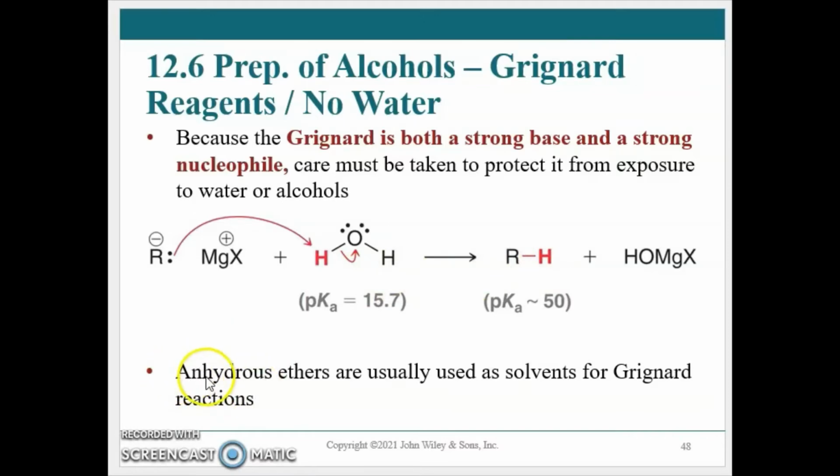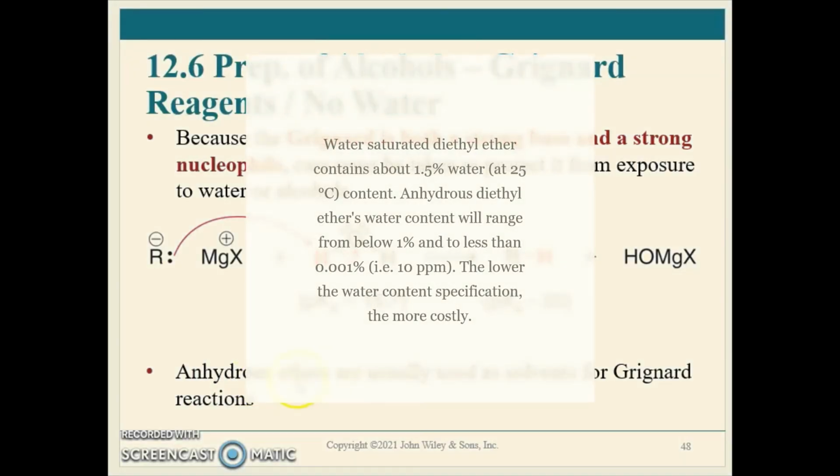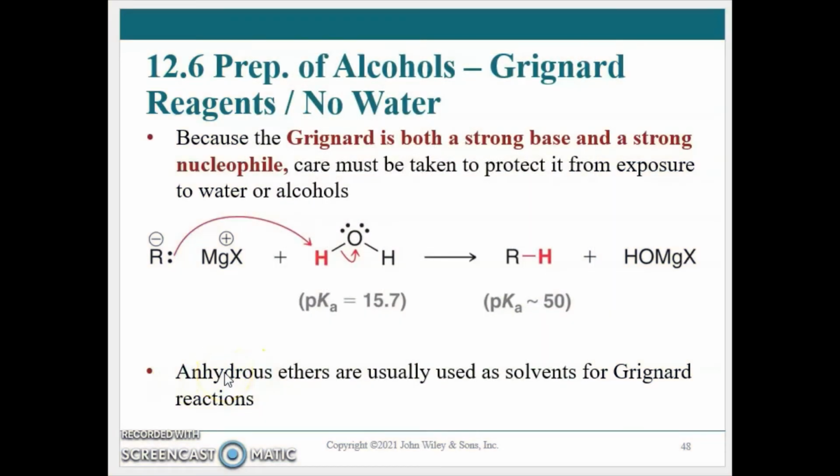This means that the reactions need to be performed in anhydrous ethers. Water has a solubility in ether, so anhydrous ether has a very low water content, and even the glassware that we will use will typically be oven dried to remove the adsorbed monolayer of moisture that is present on the surface of glass.